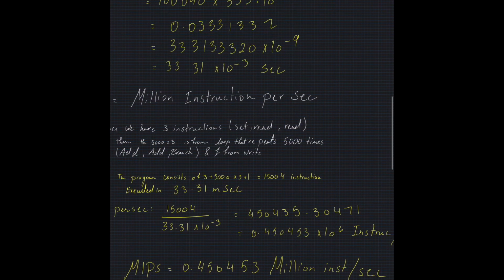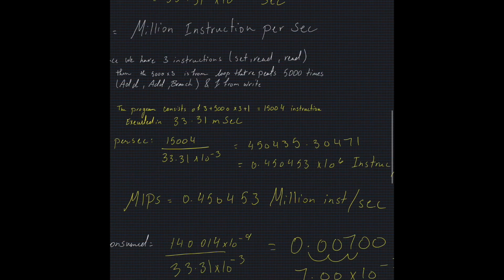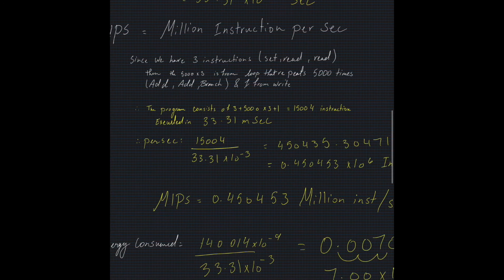So the program consists of 3 plus 5,000 multiplied by 3 plus 1, which will give me that number, executed in the milliseconds that we had above. So to get per second, we divided the instructions over the milliseconds, and we got this number, instructions per second. So in MIPS, million instructions per second, it would be 0.45 and the rest of this number.